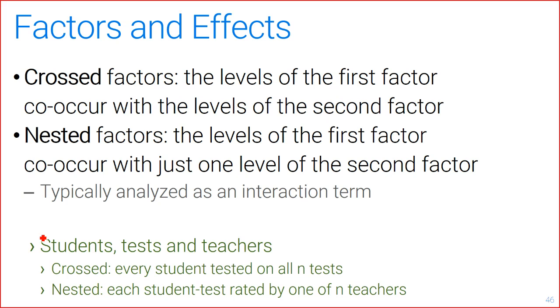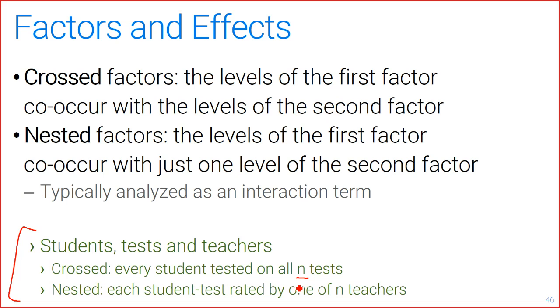Imagine that we are studying the scores of students on tests graded by teachers. If we have every student tested on all n tests, so every student has to take every test, this is what we call a crossed design, because all the levels of the first factor, the student, are crossed or are measured with all the levels of the second factor, which is the test.